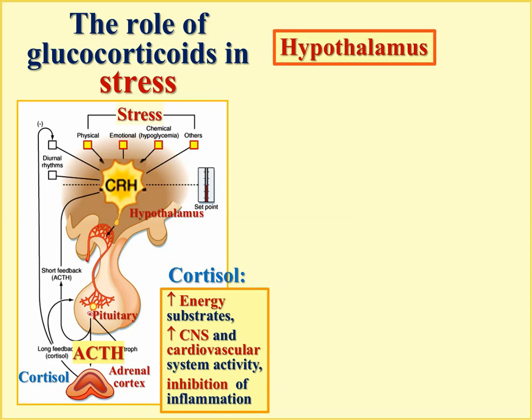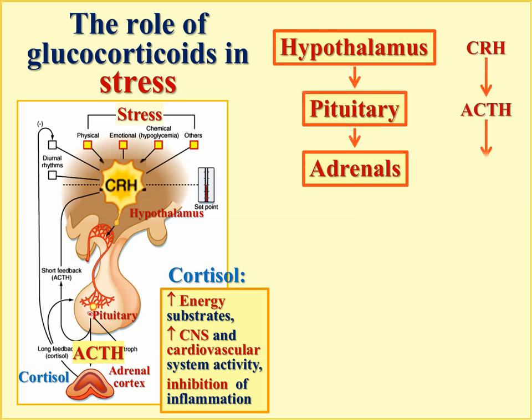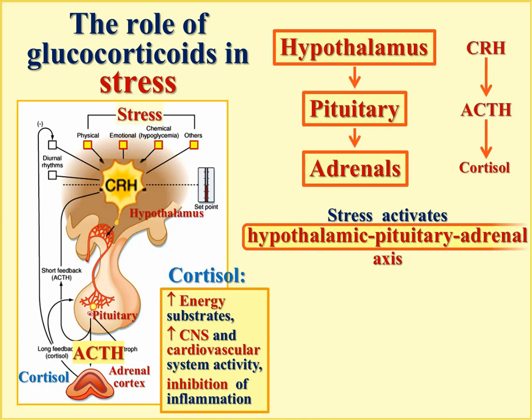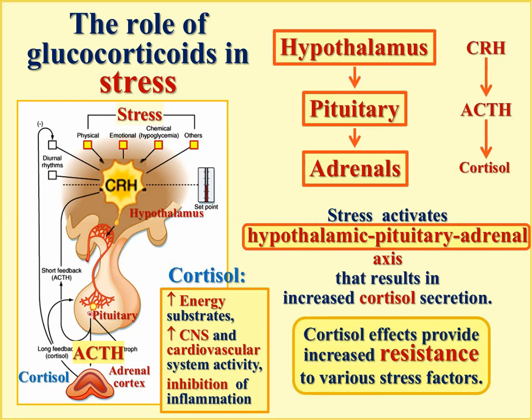So we say that stress activates the so-called hypothalamic-pituitary-adrenal axis, the whole axis: CRH, ACTH, cortisol secretion. The hypothalamic-pituitary-adrenal axis results finally in elevated secretion of cortisol, and cortisol effects provide increased resistance to various stress factors.